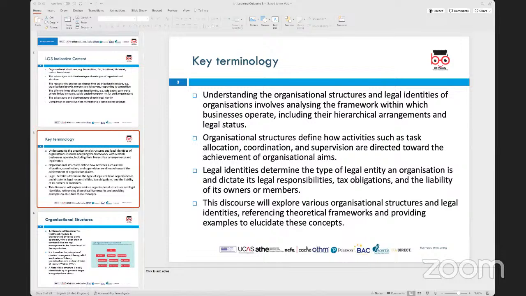So what we would do is look at an appropriate structure which would be suitable and workable for the management and the workers, supervisors, and employees within the organization.